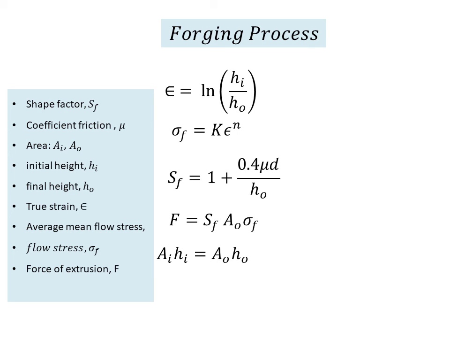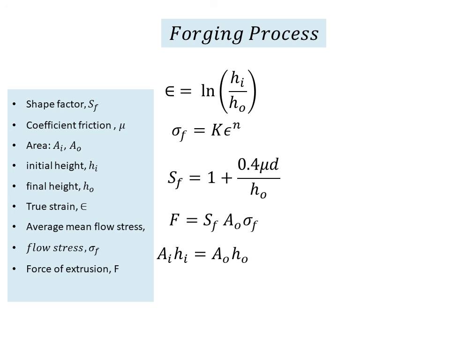Sf is equal to 1 plus 0.4 into mu into d upon h. Mu is again the coefficient of friction, d is the diameter of the component to be forged, and h is the final height of the component.